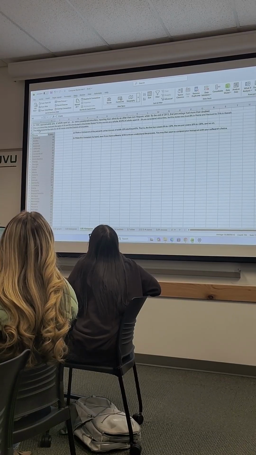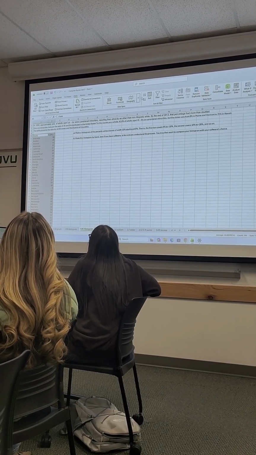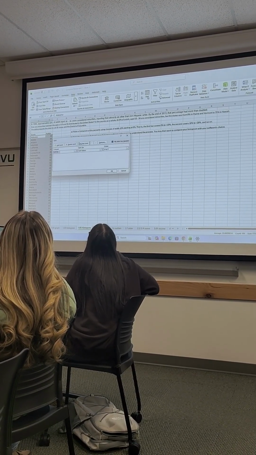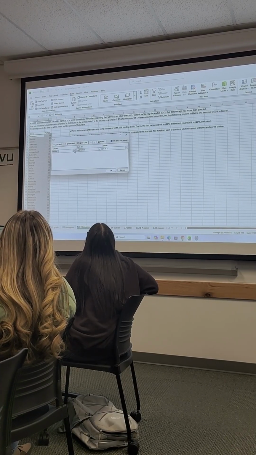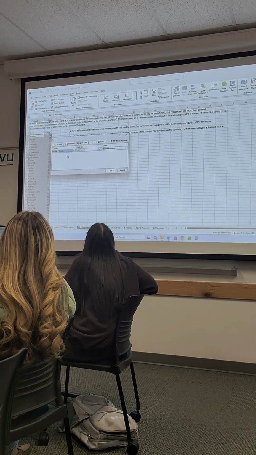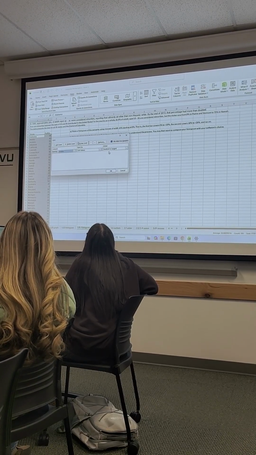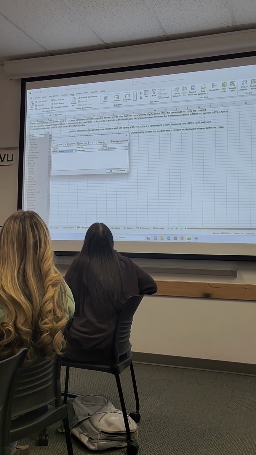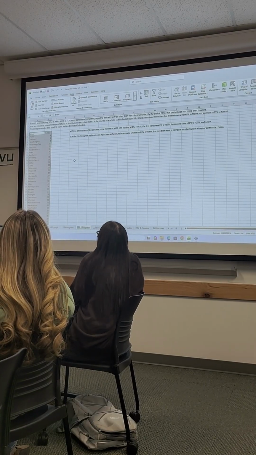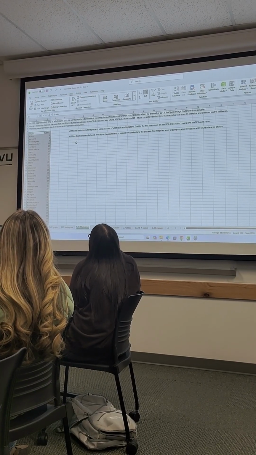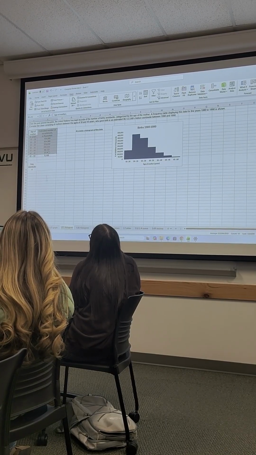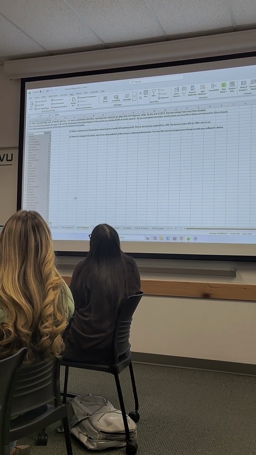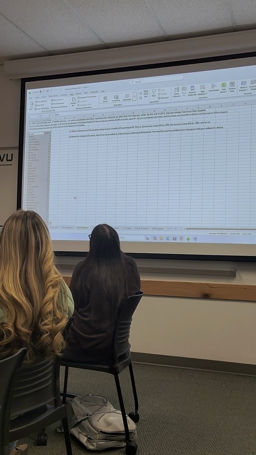And notice I included the state and the percent. I'm going to click on sort. Your data has headers in this place. I want to sort by the percent. And whether you go smallest to largest or largest to smallest, I don't really care. But then you're going to have to create your own frequency table, like this one. You will have to create it and then create your histogram.